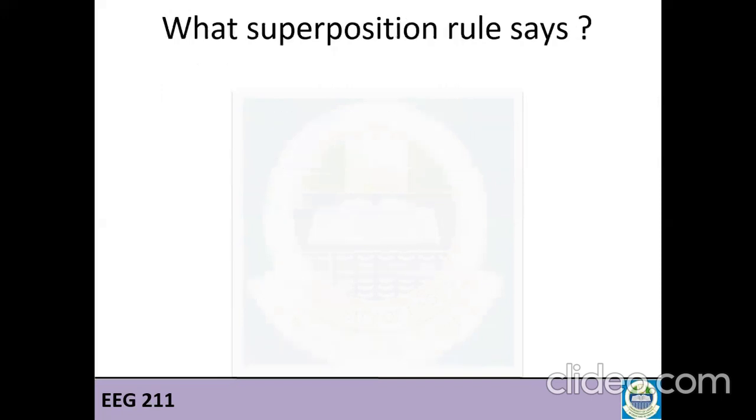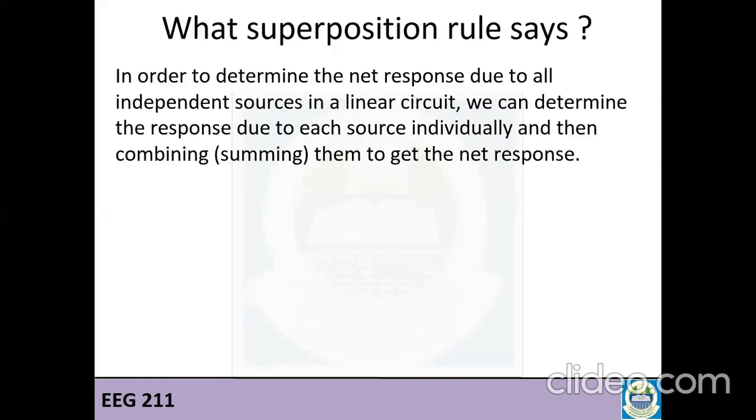Now, what does the superposition principle say? The superposition principle says that in order to determine the total response due to all independent sources in a linear circuit, we can determine the response due to each source individually, and then sum them up to get the net response.